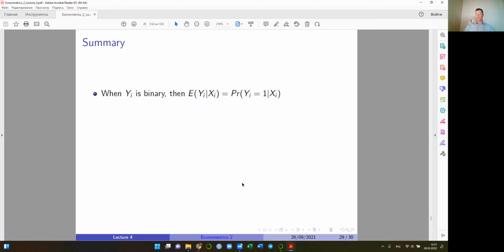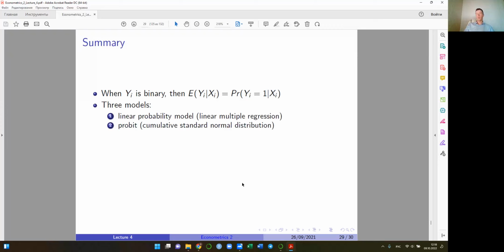So to conclude, when y is binary, the interpretation of a regression function is the conditional probability that y equals 1 given values of x. We have discussed three models. One is the linear probability model, where we apply a usual linear multiple regression. Another one is Probit, which is based on the cumulative standard normal distribution.